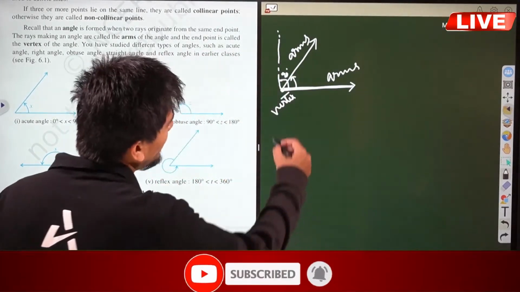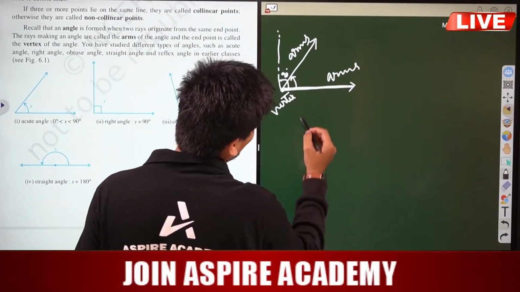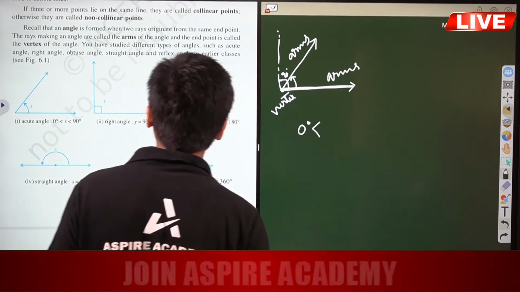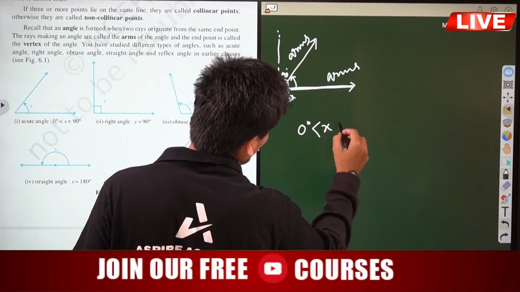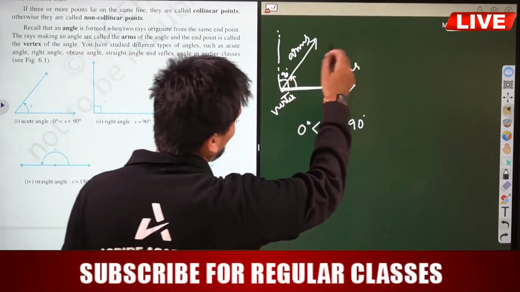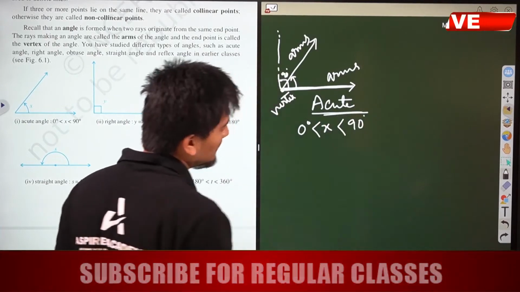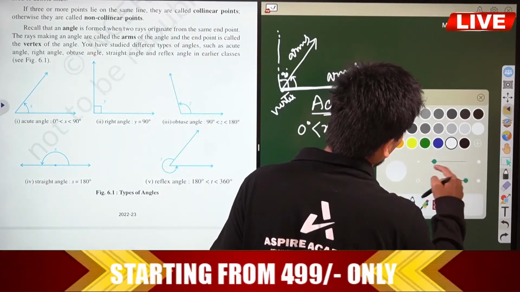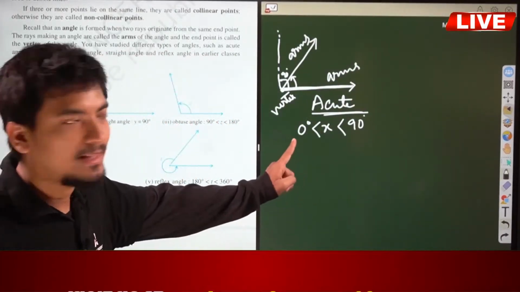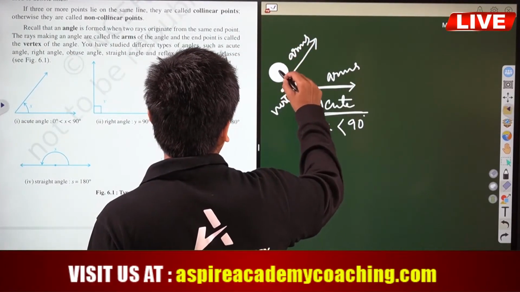But if this ray makes some angle with this line, then definitely this angle will be between 0 degree and 90 degree, say this angle is x. So I will call this angle an acute angle, right? An acute angle is always greater than 0 degree and less than 90 degree, right? So this is an acute angle.